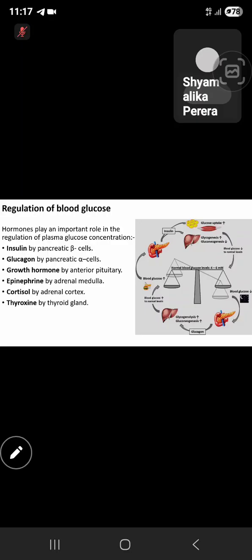If you do not have enough glycogen in your body, the required glucose will be produced through gluconeogenesis from substrates other than glycogen. That is how these two hormones are mainly involved in glucose metabolism. But other hormones like growth hormone, epinephrine, cortisol, and thyroxine also affect glucose metabolism to some extent.